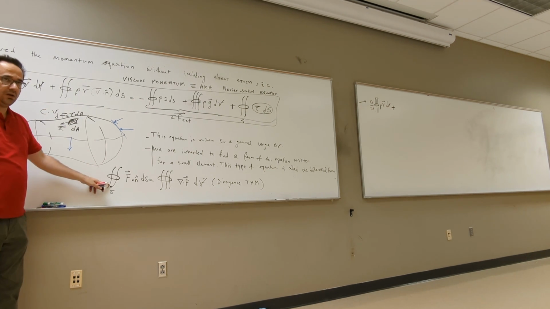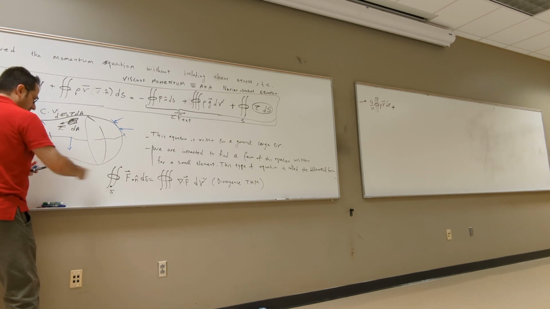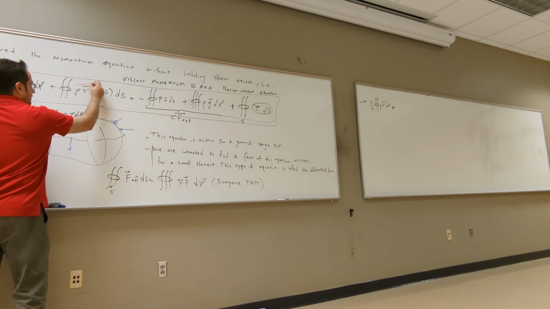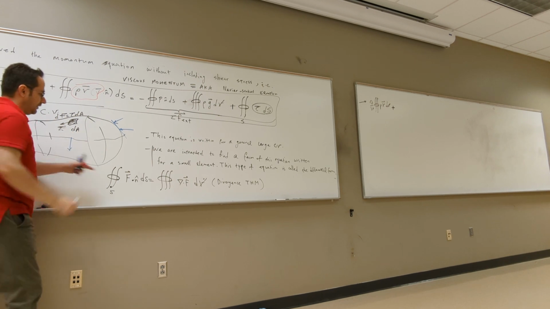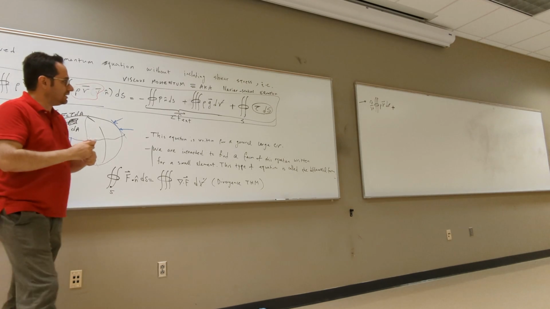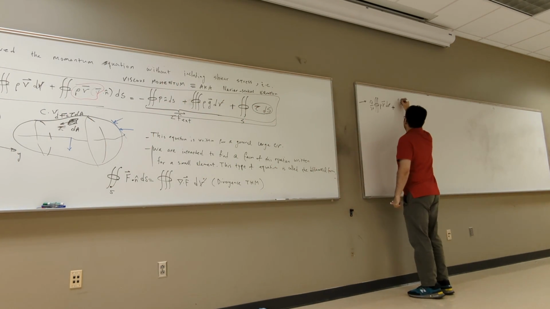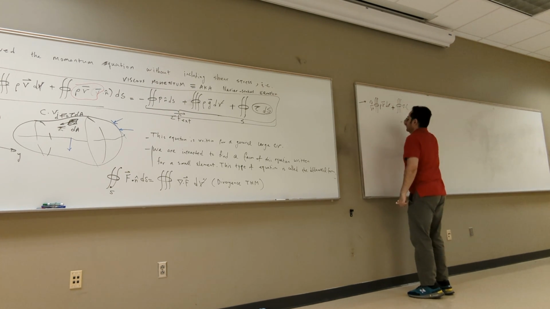All I need to do is identify your f. Look here, your f is this term, f dot n dS. So you write the volume integral of the divergence of f.